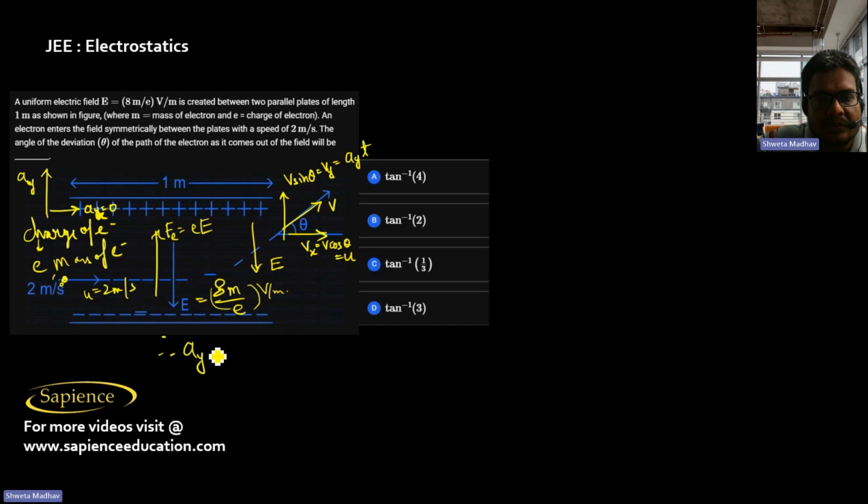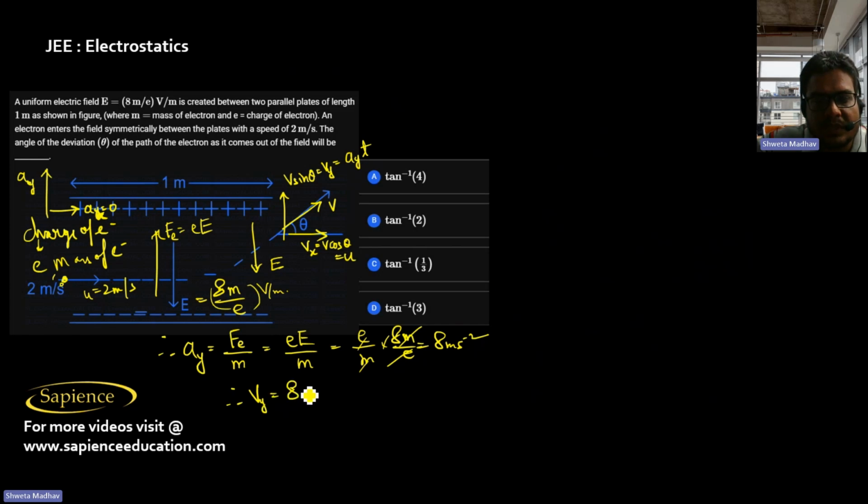Ay, the acceleration along the y component, is the electrostatic force by mass, so that is e by m into 8m by e, which is 8 meter per second square. So the y component of the velocity is 8 into t meter per second.